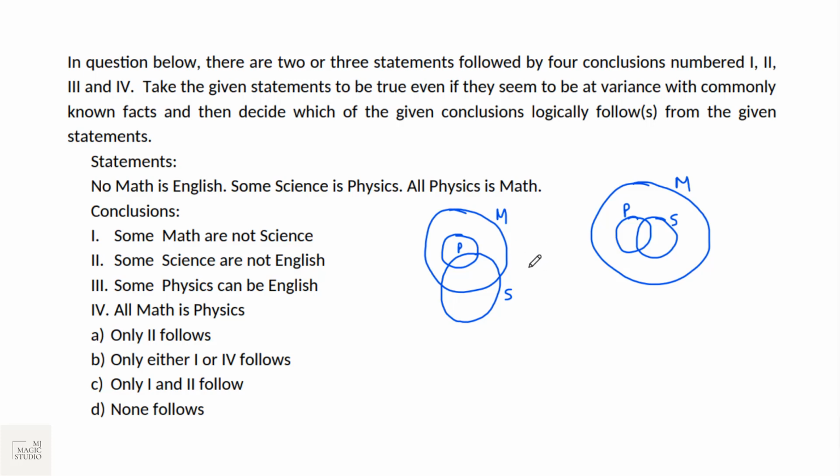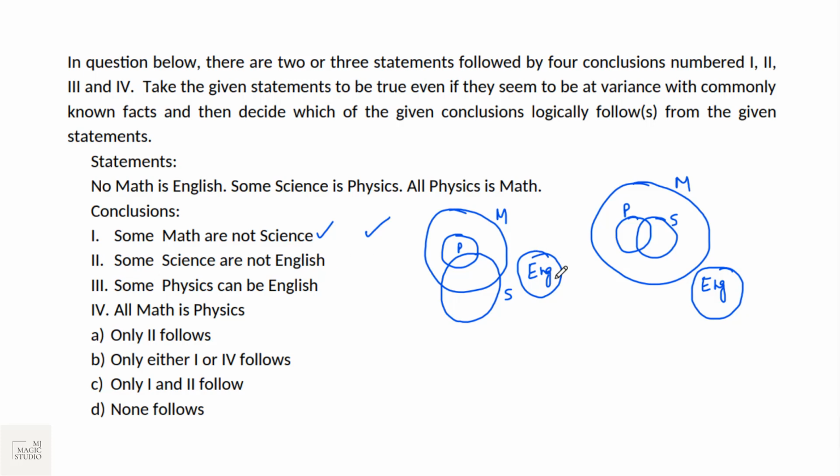No math is English. So English is outside this M. It can also be the common factor with S here, but let it be outside. Some math are not science. Yes, some maths are not science, and here also some maths are not science.